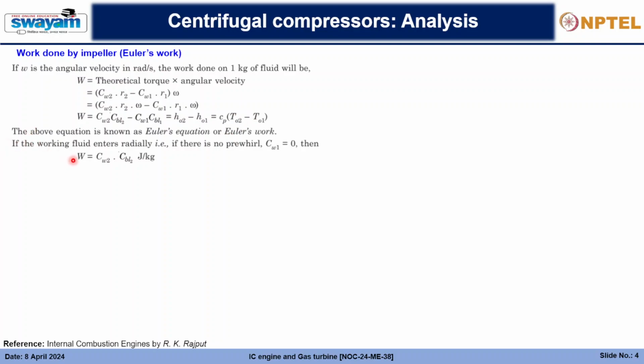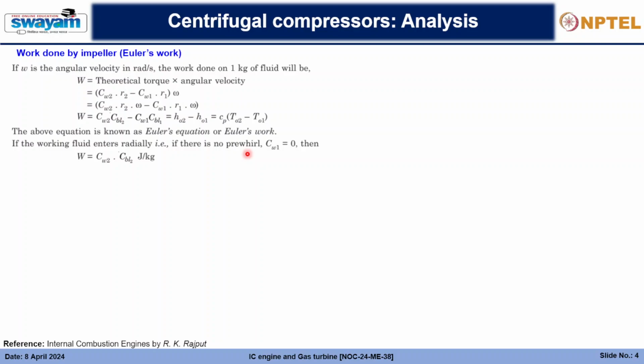And if the working fluid enters radially, there will be no free whirl. Whirl means, if you can imagine a whirlpool, as the direction of the flow, the liquid rotates around the flow circumference, right?